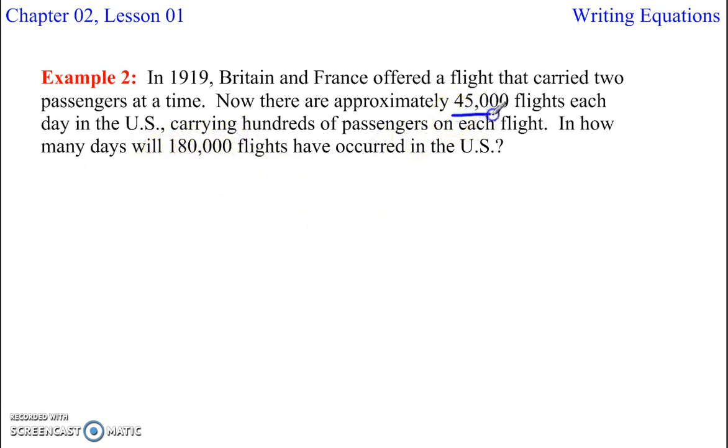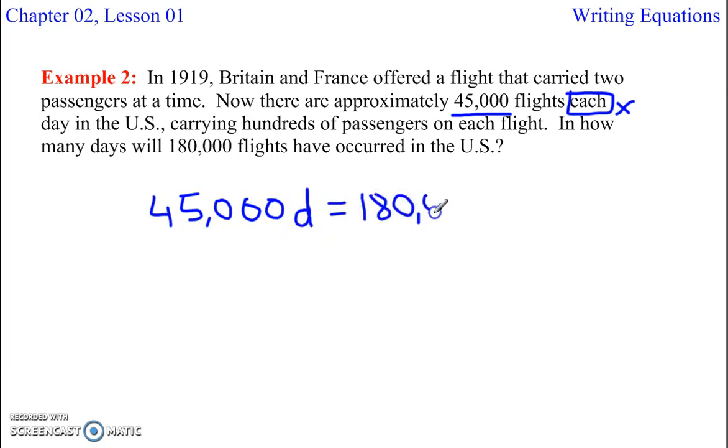So we have 45,000. Each is a key word. Each usually means to multiply. Each day means if we have 1 day, we have 45,000 d. If we have 2 days, we do 2 times 45,000. So we're having to multiply. And when does that equal 180,000?